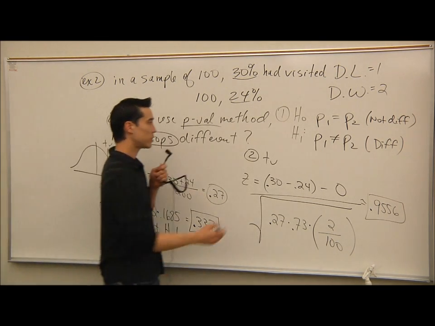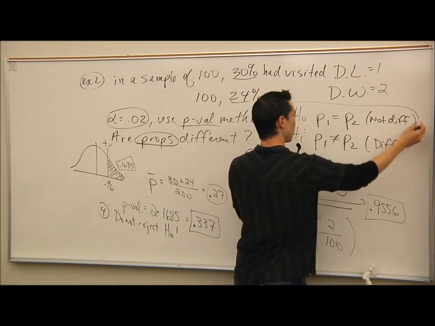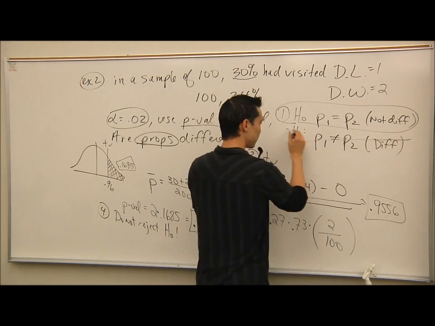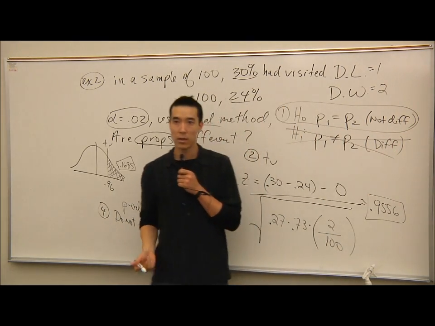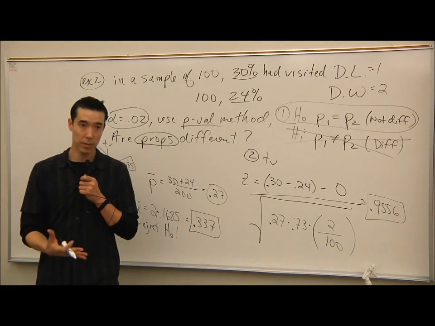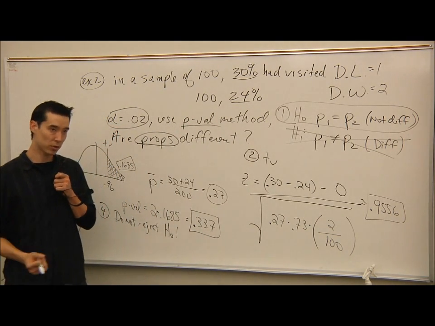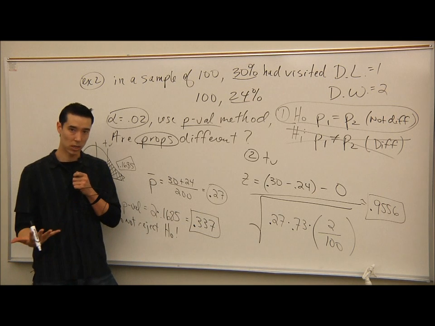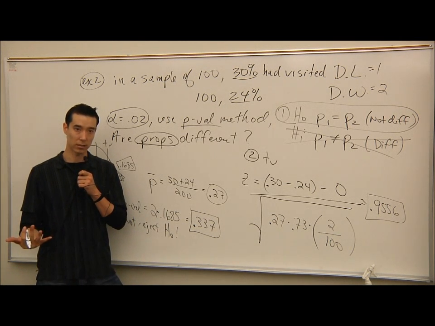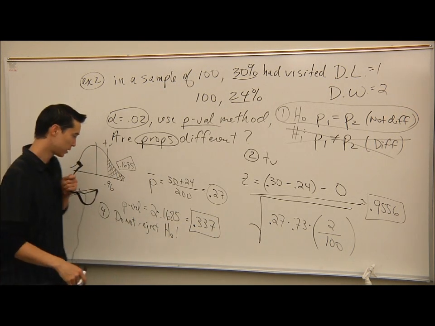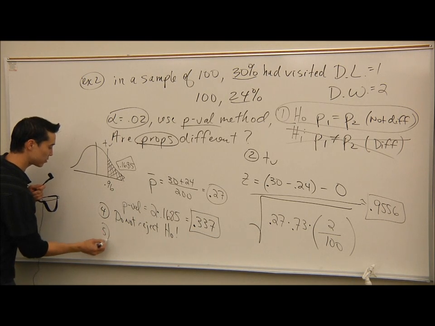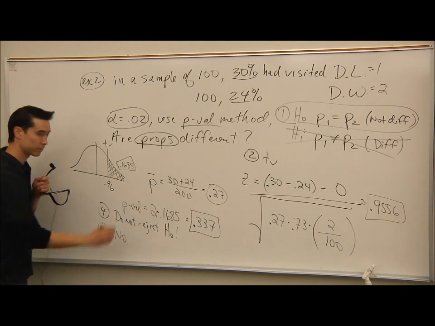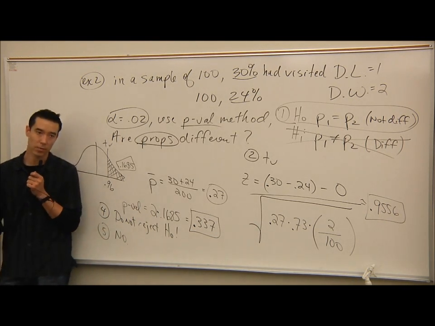So if I do not reject H0, I'm circling H0, and I'm drawing a line through the other. Okay? So the question is, is the proportion of people who visit Disneyland different from the proportion of people who visit Disney World? No. Okay, not according to our findings. There's not a difference. So, to answer your question, no. The proportions are the same.